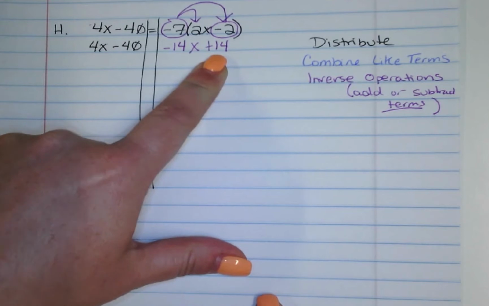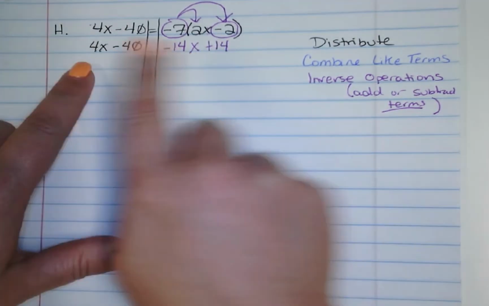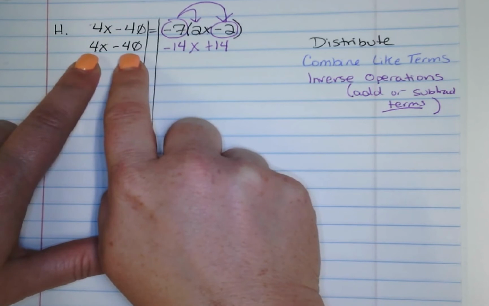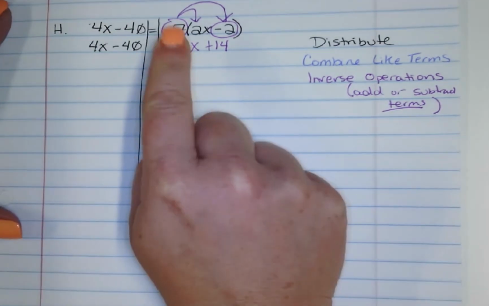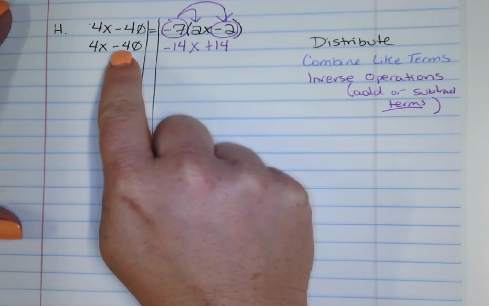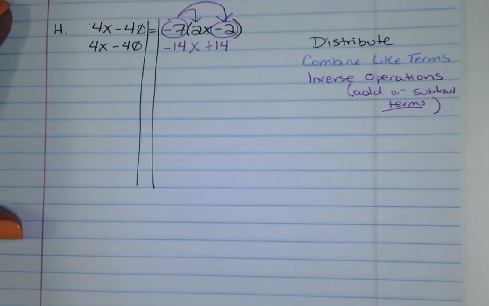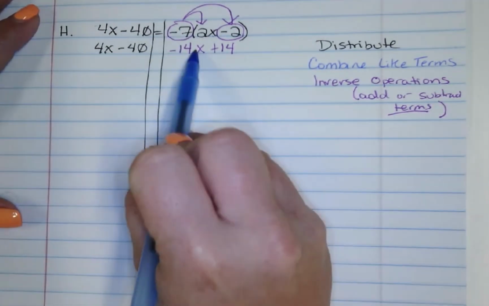So there are only two terms on this side, and there are only two terms on this side. So what I like to do is move the term with the letter to the left, and then move the term that's just a constant to the right.